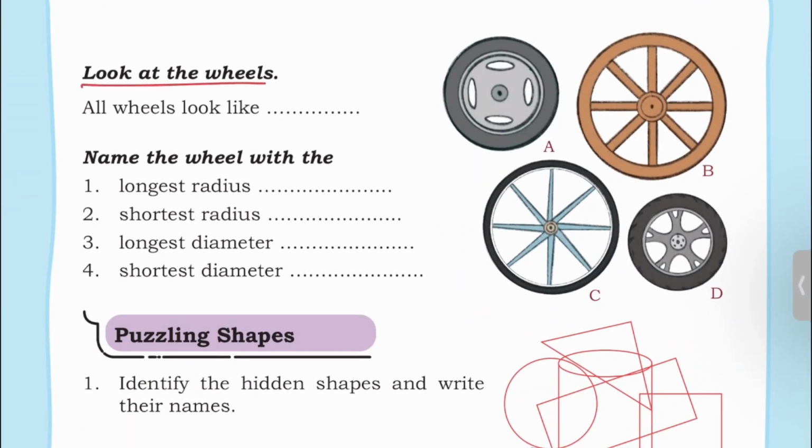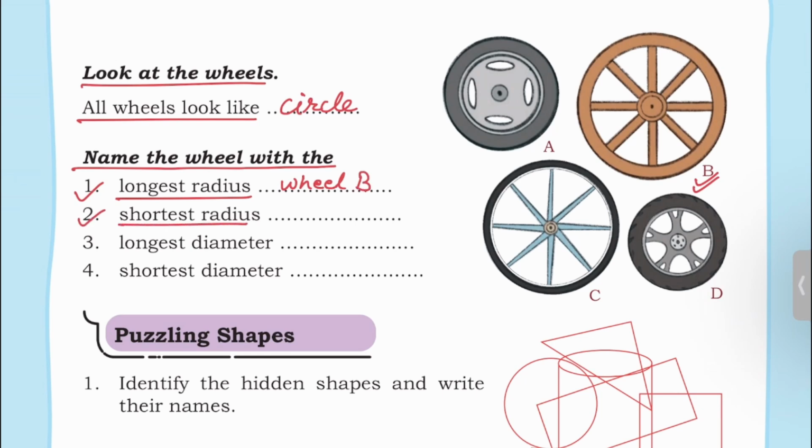Look at the wheels. All wheels look like circles. Name the wheel with the 1. longest radius. You can see wheel B has the longest radius. Wheel B. 2. Shortest radius.